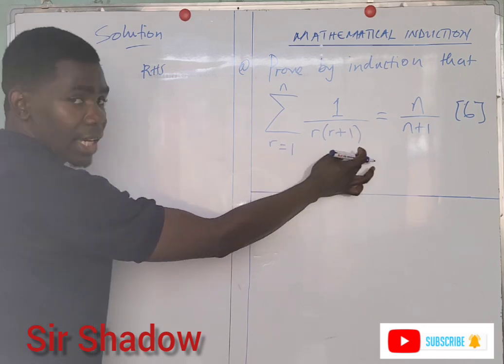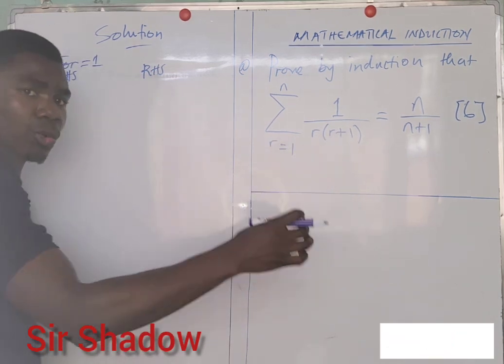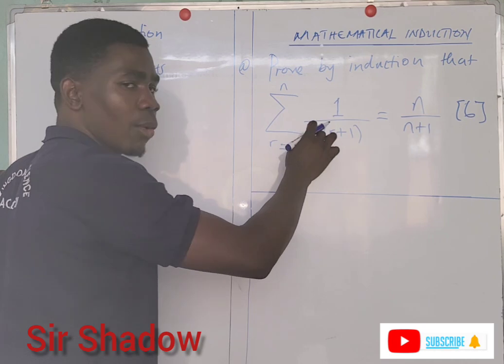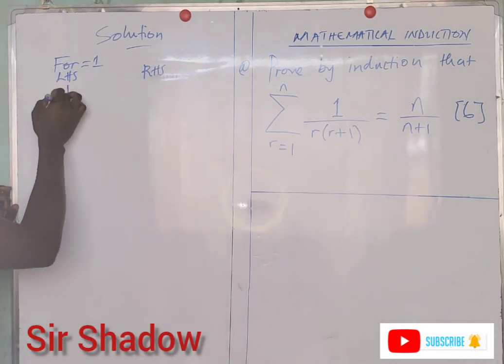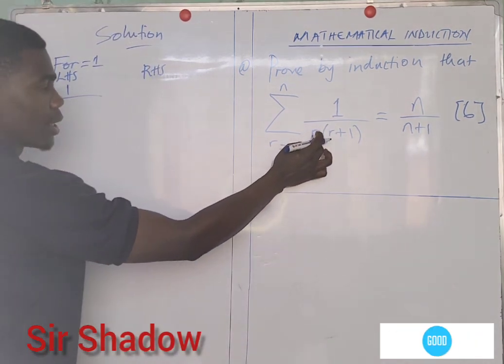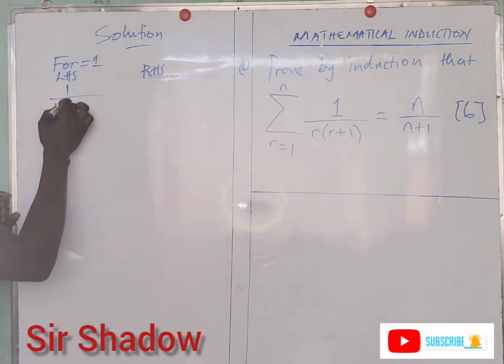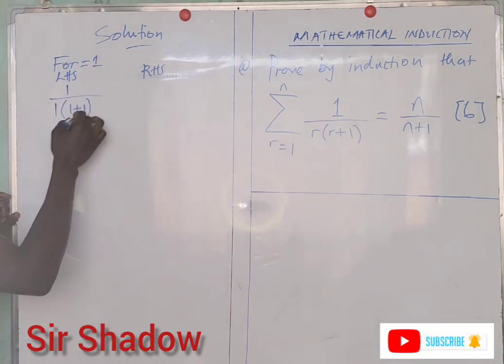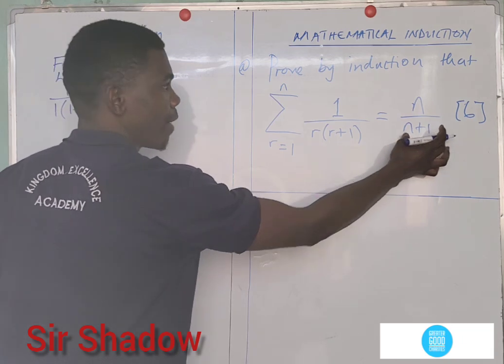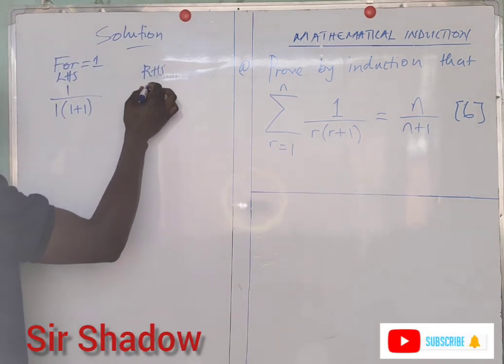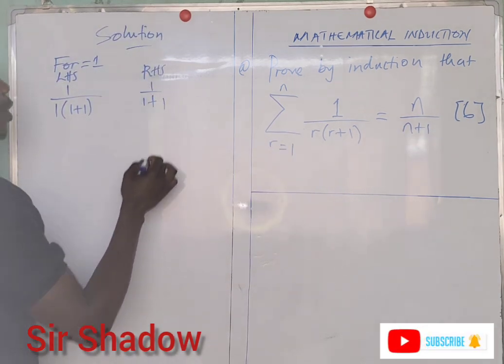On the left hand side we don't have n, but we have r, so we let r be 1. So we are saying 1 over 1 times (1 plus 1). Then on the right hand side we have n over n plus 1, which simply means 1 over 1 plus 1.